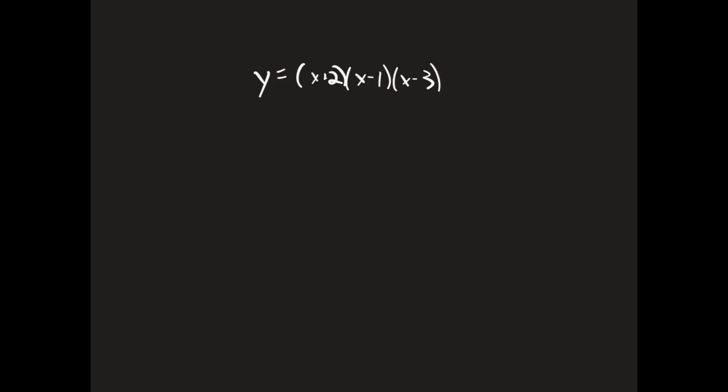So x plus 2 equals 0, x minus 1 equals 0, x minus 3 equals 0, right? So if I have my x plus 2 equals 0, then my x is negative 2. And then if I have my x minus 1 equals 0, x is 1, x minus 3 equals 0, x is 3. So my zeros are negative 2, 1, and 3.